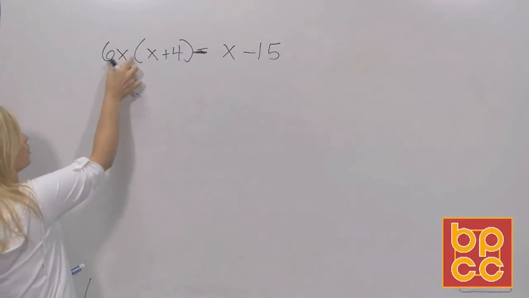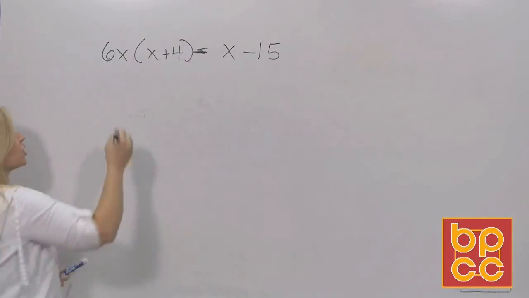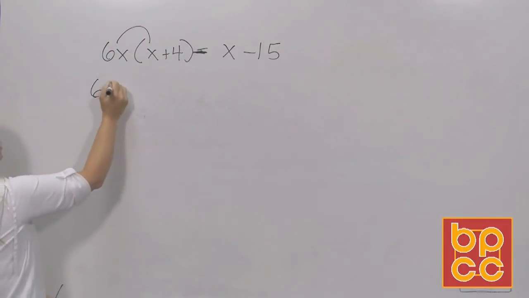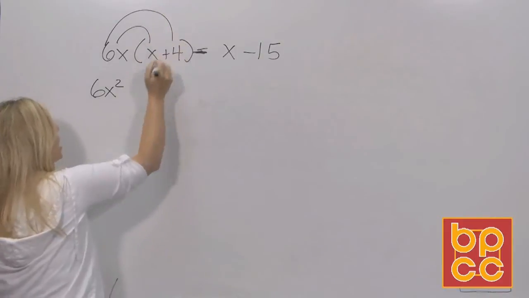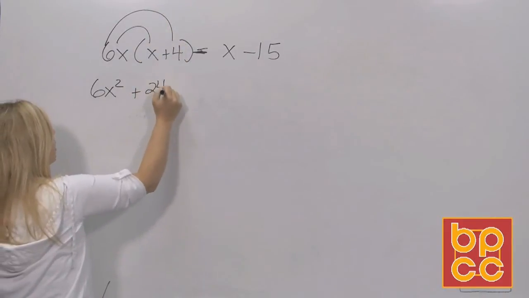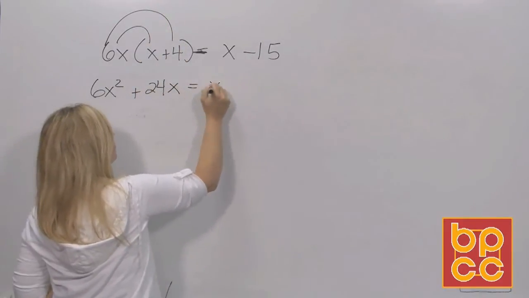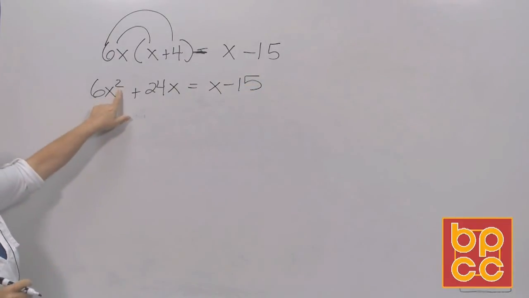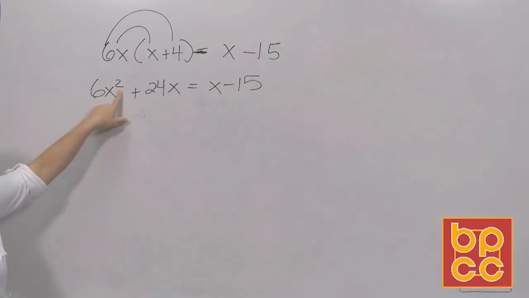Because we have a monomial times a binomial, this is just distributing. So 6x times x is 6x squared. 6x times 4 is 24x.